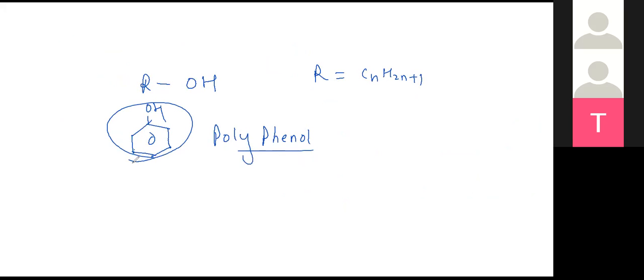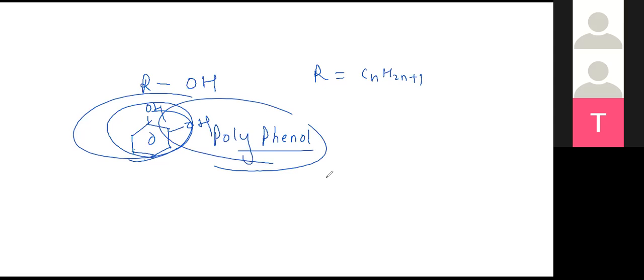Many polyphenols are present in this foodstuff, and they are released. So when you cut this foodstuff, these polyphenols are released in the atmosphere, and these alcohols get readily oxidized to form quinone. So this is phenol forming quinone.